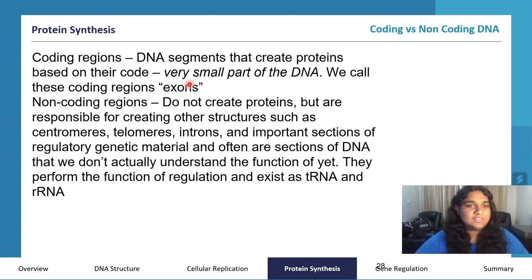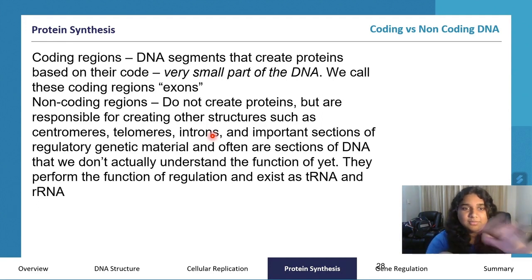Every other aspect of the DNA is a non-coding region. These are regions of DNA that don't create proteins but are responsible for creating other structures like centromeres, telomeres, introns, which is the general term for non-coding regions, and important sections of regulatory genetic material, sections of DNA that we don't really understand the function of yet.